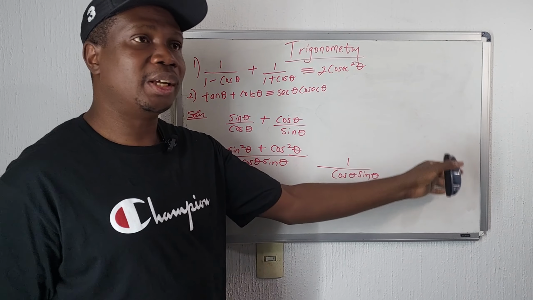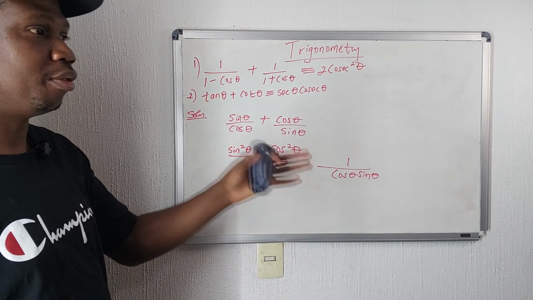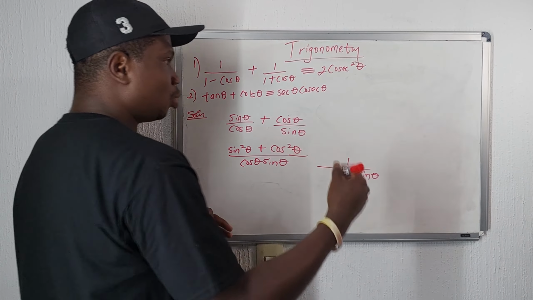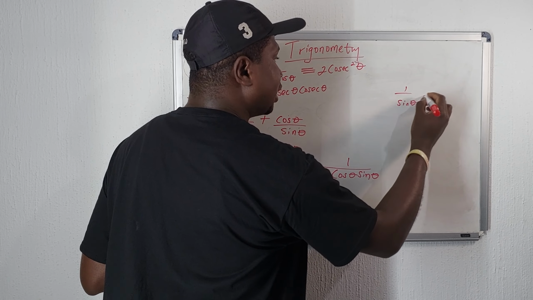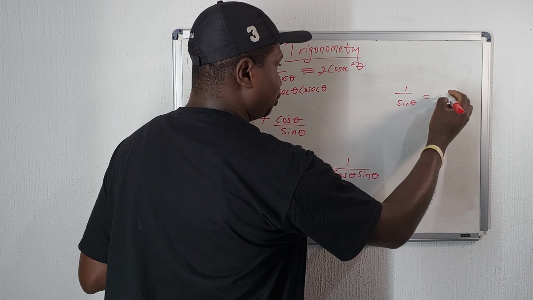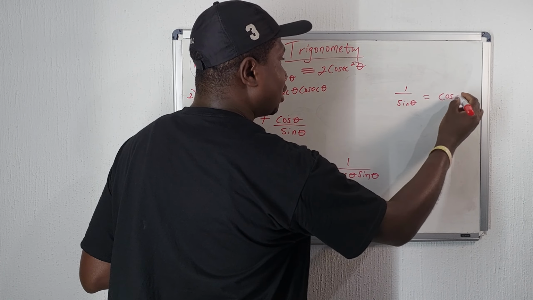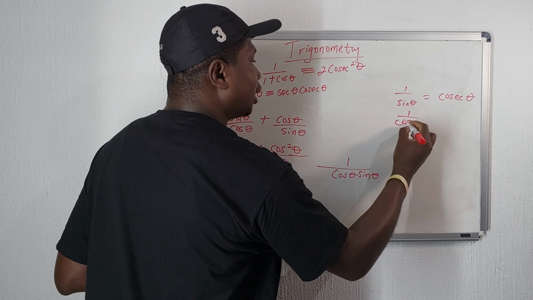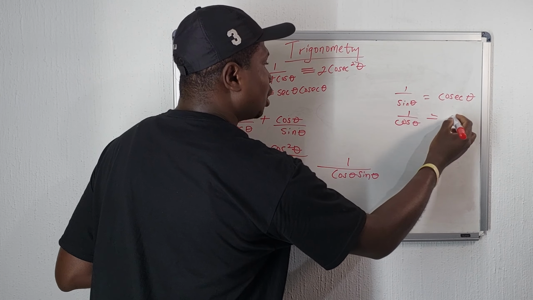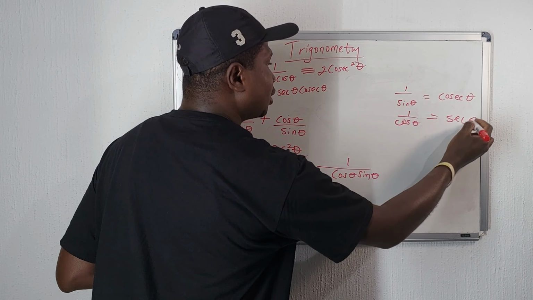Now, I wrote some of the reciprocals of trigonometric ratios. So we know that 1 over sine theta is cosec of theta, and 1 over cos theta is secant of theta.